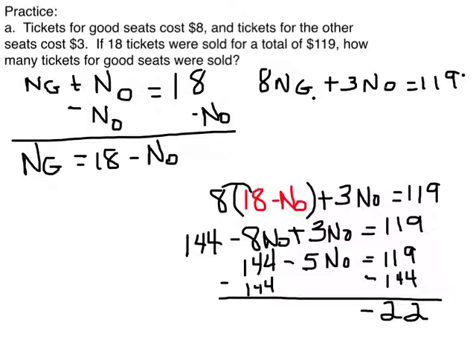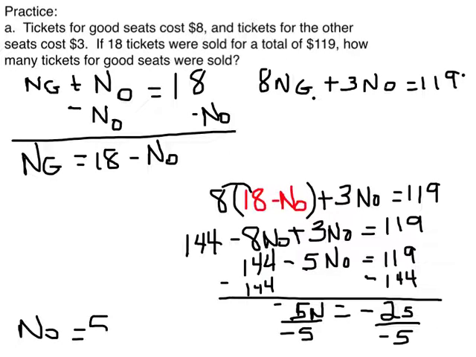I'm sorry. Negative 5 NO equals negative 25. If we divide by 5 on both sides, we know that NO equals 5.